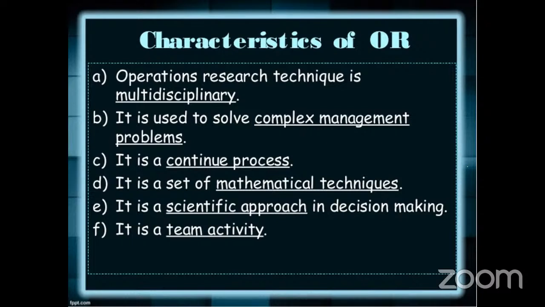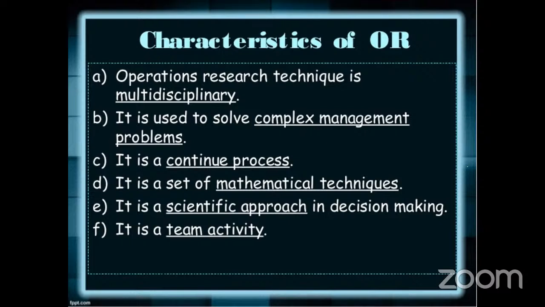To solve that problem, we can use this technique. So these are operations research techniques, which are multidisciplinary. It is used to solve complex management problems, and it is a continuous process. It is a set of mathematical techniques. It is a scientific approach in decision making, and it is a team activity.